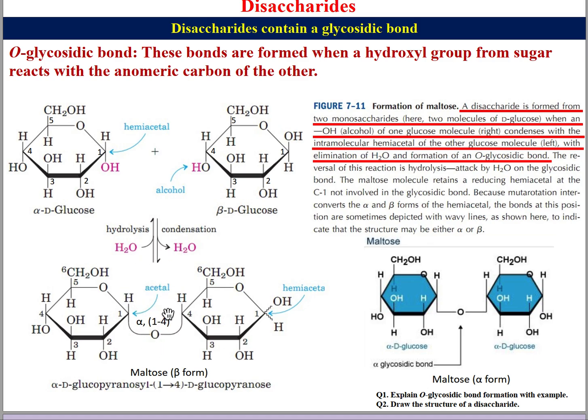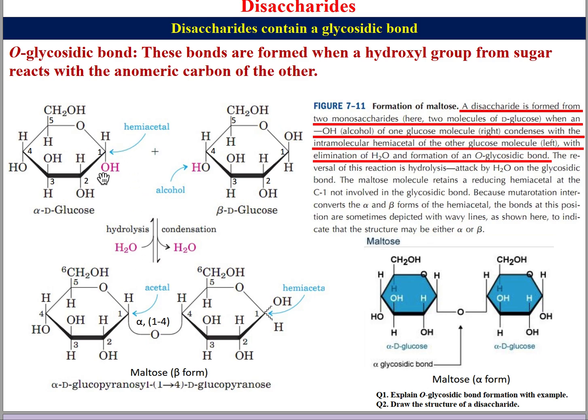This is called a glycosidic bond. Glycosidic bonds are of two types: alpha glycosidic bond or beta glycosidic bond. Each class has more different sites like alpha 1,4, alpha 1,6, beta 1,4, beta 1,6.